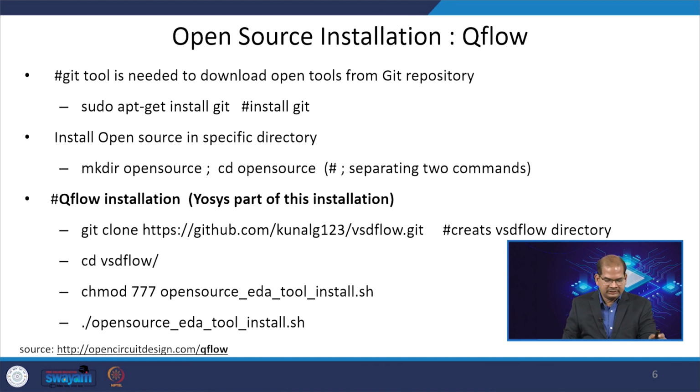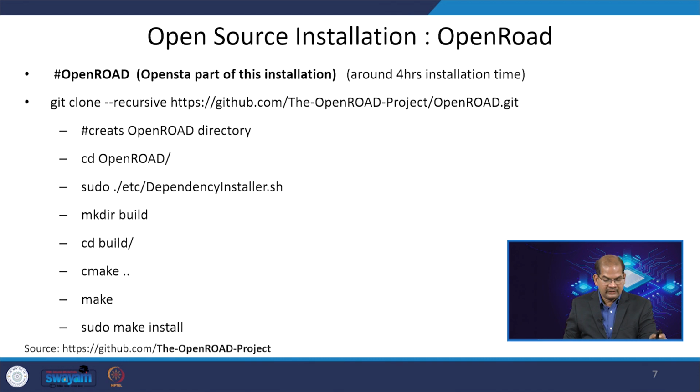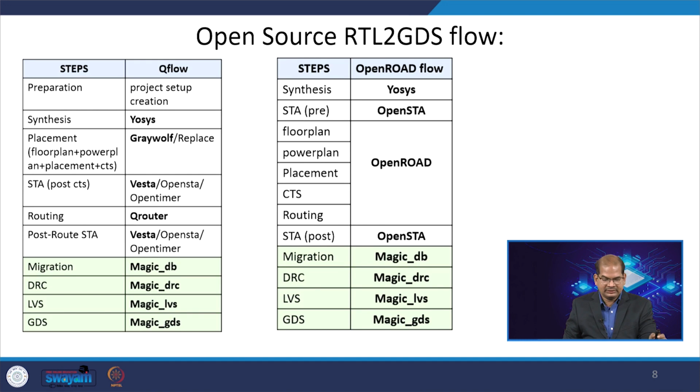This is about the Qflow installation, and Yosys is part of this installation. So you have to go through these steps to do the Qflow installation. Similarly, for OpenROAD and OpenSTA, you have to do these steps to install them.